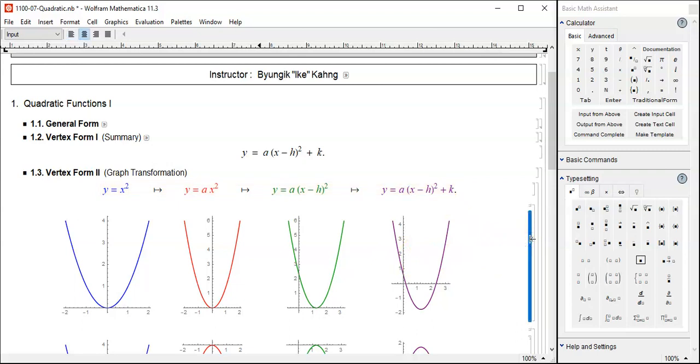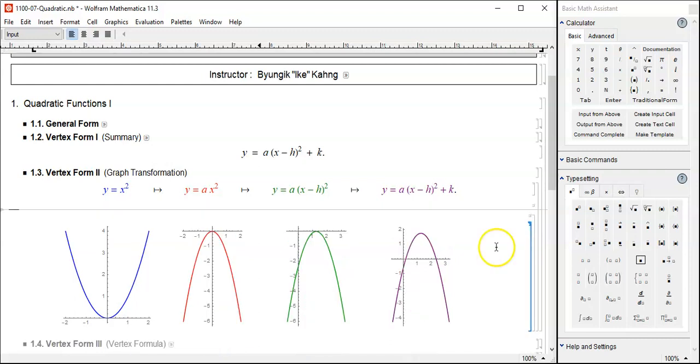Now, what if a is negative? Same idea, actually. Originally, we have the power function, and then let's stretch it vertically. But a is negative, so when we stretch, we also have to flip it vertically, flipping with respect to the horizontal axis, the x-axis. Now this is the shape. All right, let's move it around. Horizontal shifting by h units, and then vertical shifting by k units.